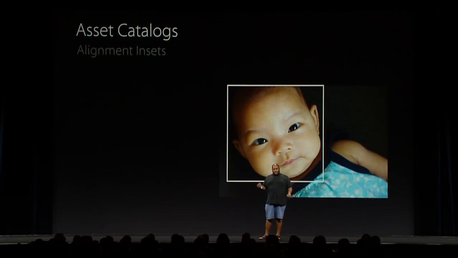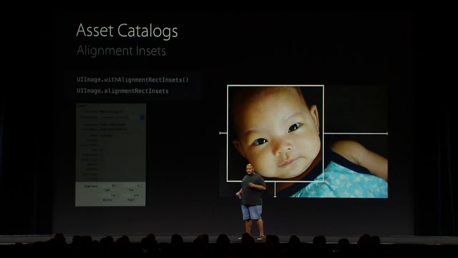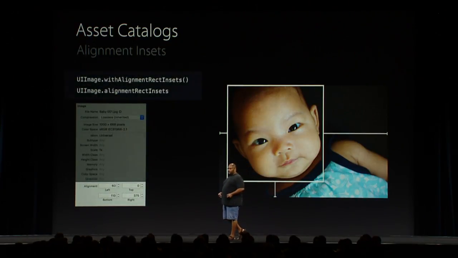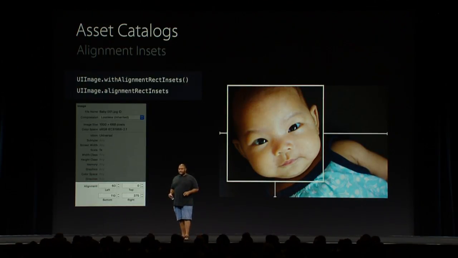Now, what are you going to do? Well, you're going to bring in some measurements and figure out how far you are away from all of the edges. But instead of having to put it in code and associate it with assets, you can do that directly in the asset catalog. And UIImage will vend those values back to you whenever you need them. And similarly, of course, you can create images with them. But being able to put them in the asset catalog means you don't have to have a giant table associating resource names with metadata.